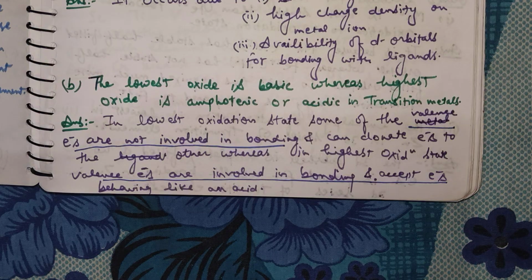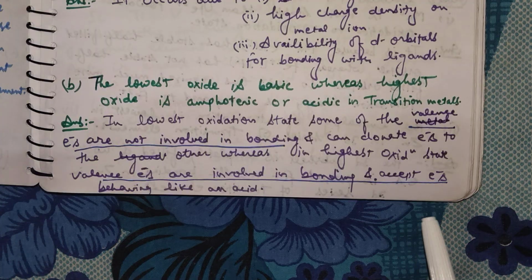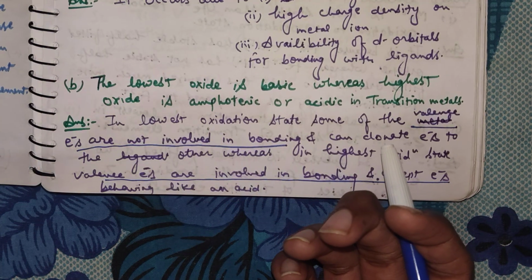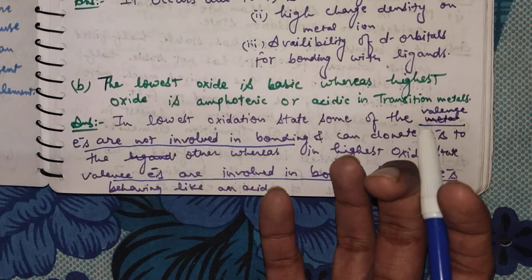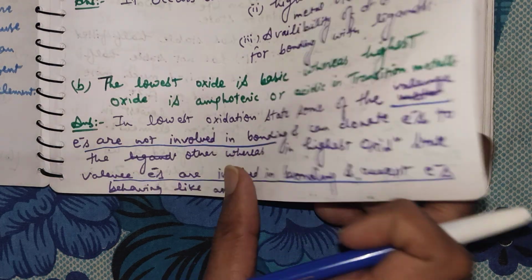We have to remember that in the lowest oxidation state, valence electrons are not involved in bonding, but in the highest oxidation state they are involved in bonding and readily accept electrons. And by the Lewis theory, we know that compounds which accept electrons are treated as acidic compounds.